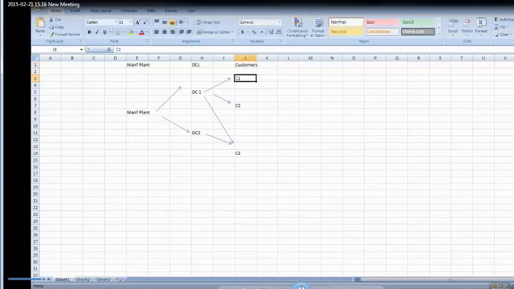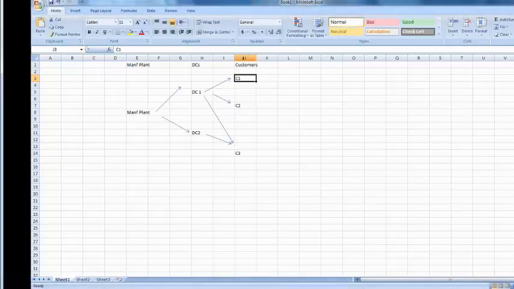In our traditional ECC, we do planning at each location. At one point in time, we can plan either all materials or a single material for one plant, which could be DC1, DC2, or a single manufacturing plant.